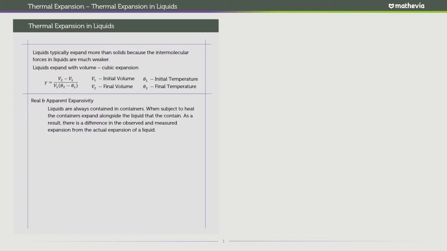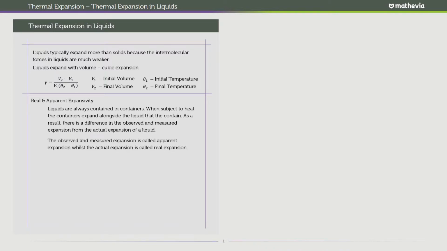So liquids are always contained in containers. When subject to heat, the containers expand alongside the liquid that they contain. As a result, there is a difference between the observed, measured expansion, the apparent expansion, and the actual expansion of the liquid.